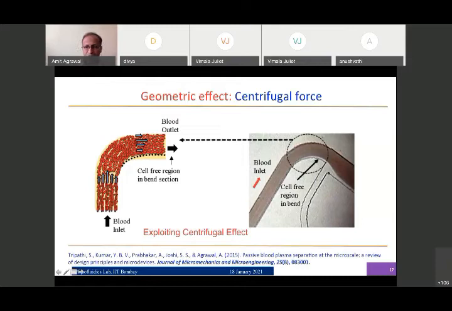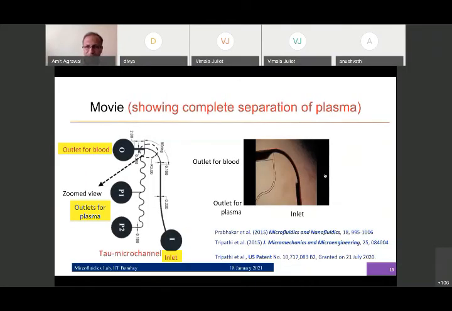It passes through this bend to bring in the centrifugal forces. You have this bifurcation to bring in the bifurcation effect. You have small sizes to bring in the Fahraeus effect. You can see that all these things have been nicely and optimally put in here, and you are able to get plasma which is coming out from this side, and the remaining concentrated blood essentially flows towards the left here.